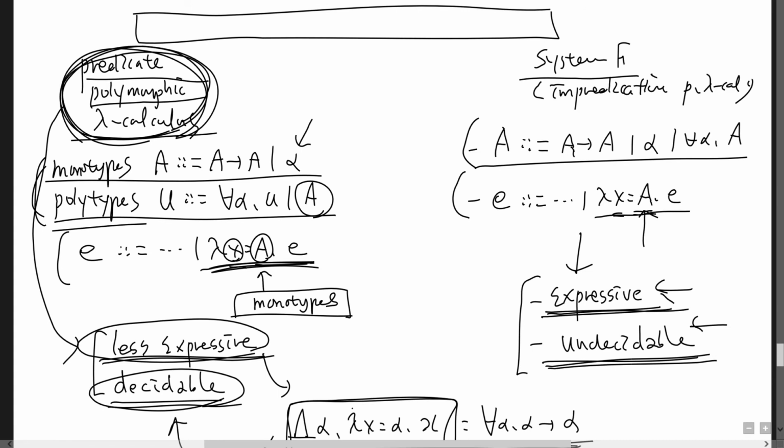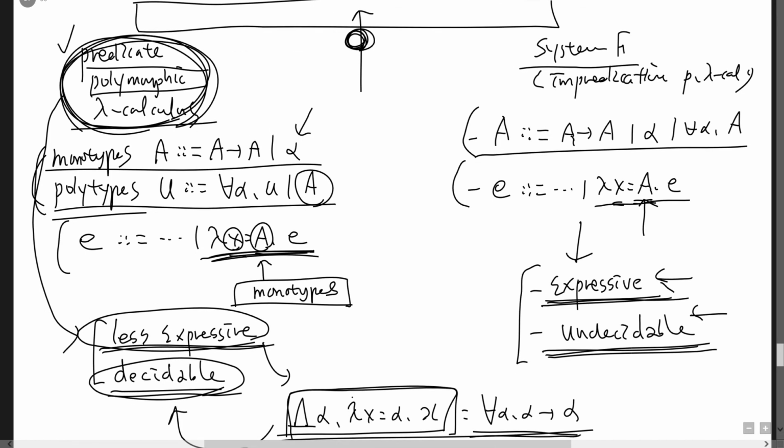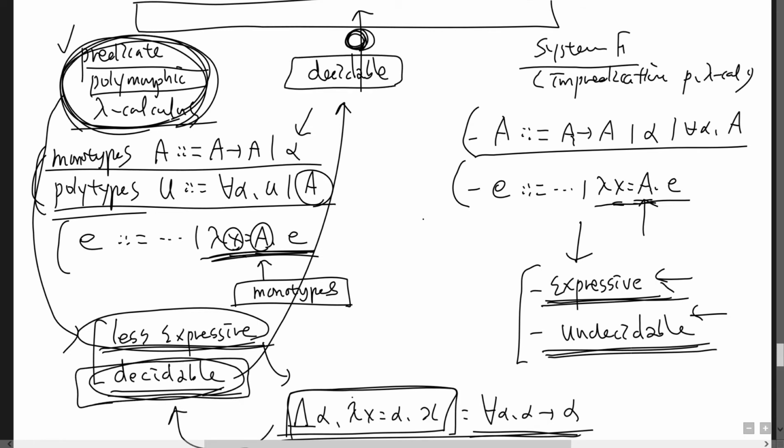Now, we'd like to locate some sweet spot between this predicative polymorphic lambda calculus and System F, somewhere lying here. And ideally, this language should have the best of both worlds. We'd like it to have decidability. So the type reconstruction should be decidable, and it should be sufficiently expressive.